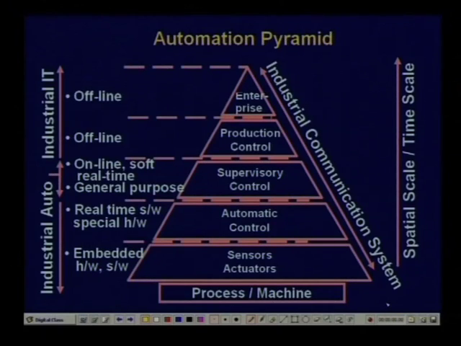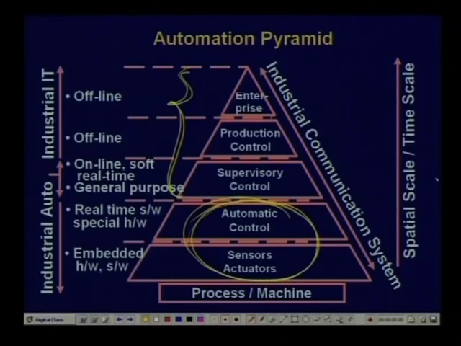Then you have the first layer of controls, automatic controls, and in this course we have mostly been concerned about these two layers. In this lesson we will take a look at the higher 3 layers.